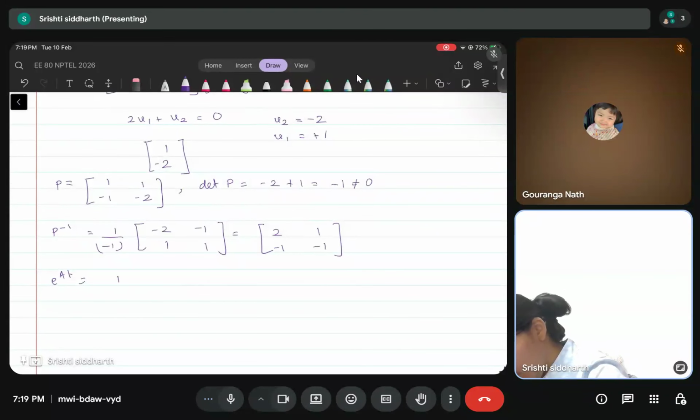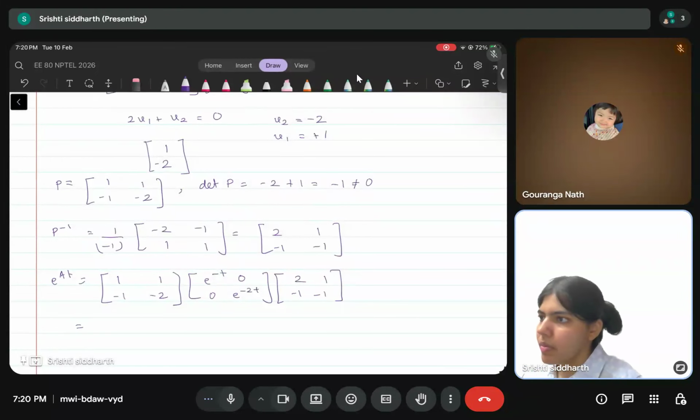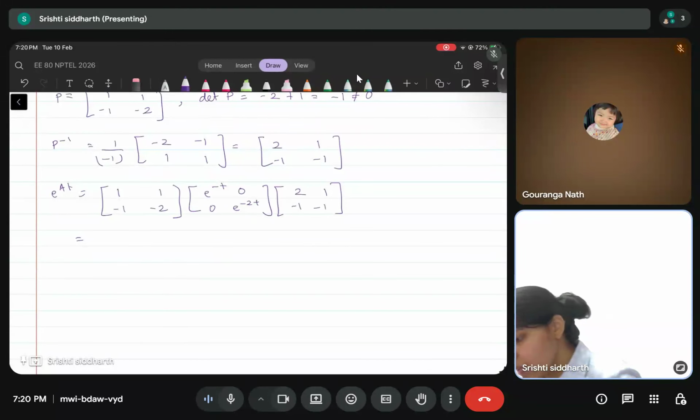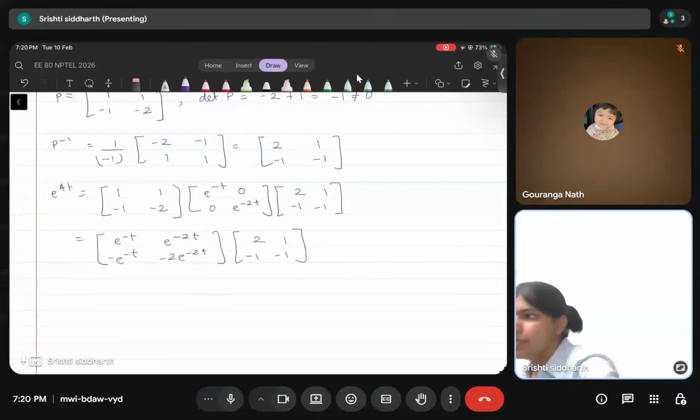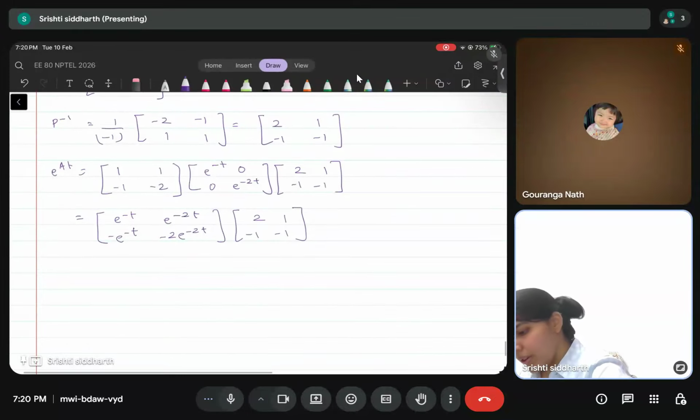So this is P, then the exponential of the eigenvalues, and then P inverse. Okay, so let's see, this becomes e to the power minus t, e to the power minus 2t, and let's see if this is correct.